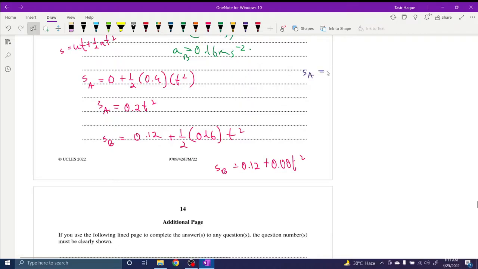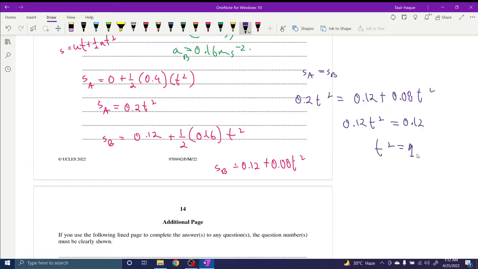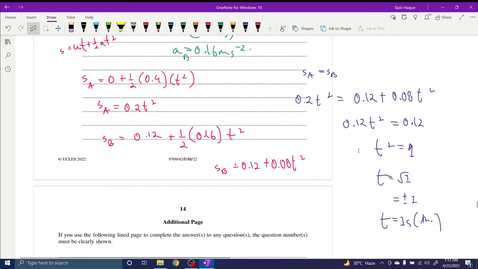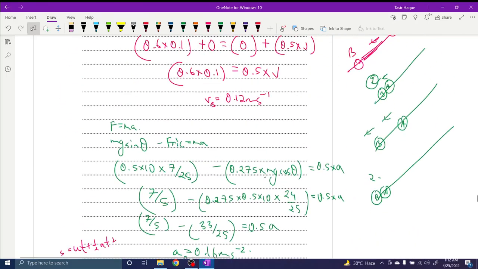So we can just go for SA is equal to SB. 0.2 t squared is equal to 0.12 t plus 0.08 t squared. So 0.12 t squared is equal to 0.12 t. Then t is equal to 1. We can only take the positive value, right? So the answer is 1 second. So 1 second after the first collision, they collide again. Hopefully I could clarify things. If you have other questions, you can ask me. Okay.